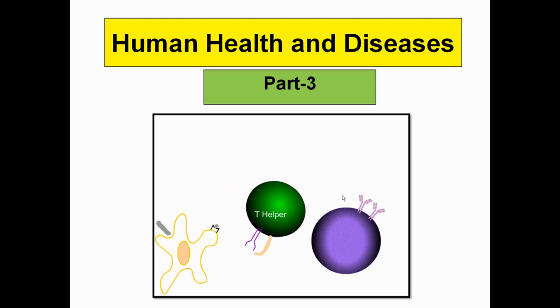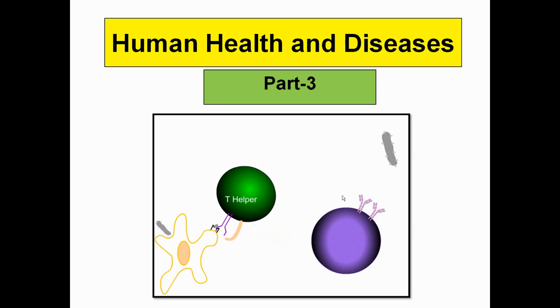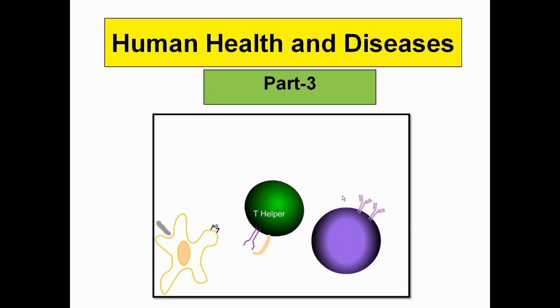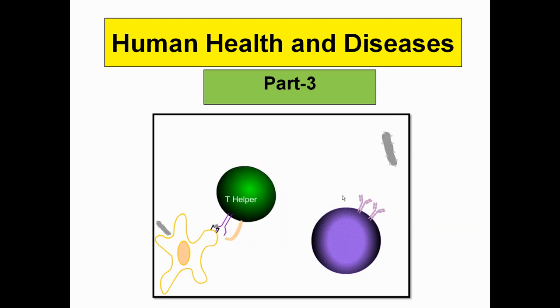So now it's time to learn more about the immune system: how our immune system is designed to kill a particular pathogen, what the components of our immune system are, and how it works, which we are going to discuss in this presentation.